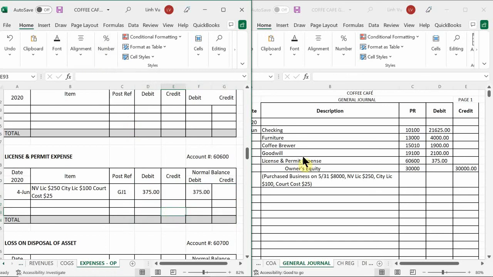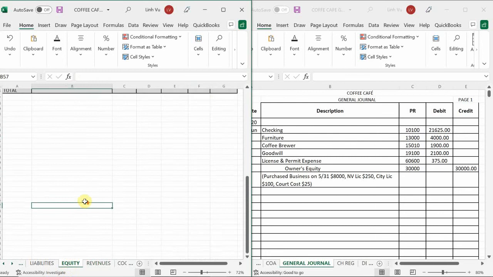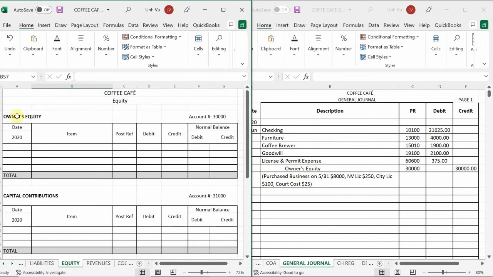And last but not least, we had an owner's equity, so we've got to locate our equity accounts. Here we are, owner's equity, the very first one right here.